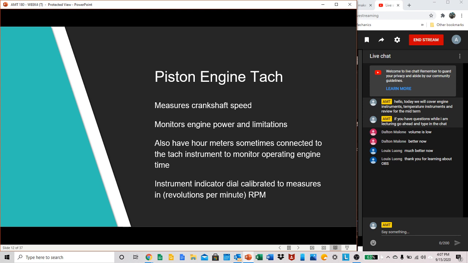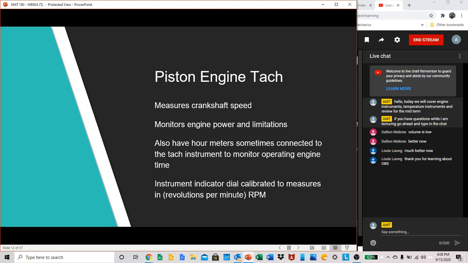And sometimes in piston engine tachometers, we also have hour meters that are connected to the tach instrument to monitor operating engine time. So there are some differences between operating engine time and when the engines are ran at full power, when the engines are ran at idle, when the engines are ran on the ground as compared to in the air.